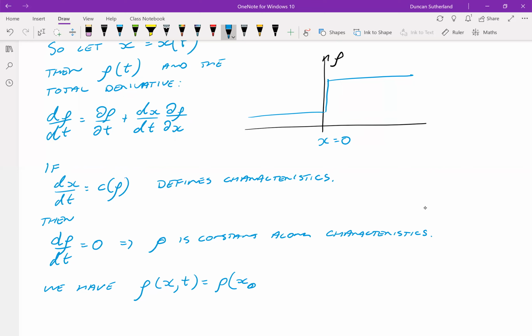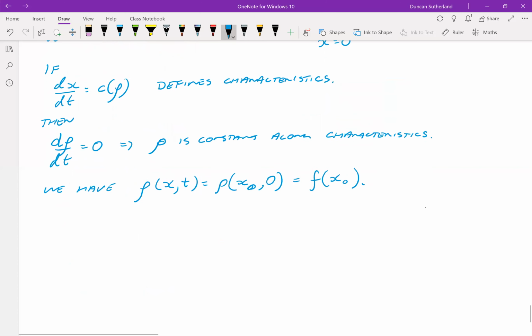Because it's now x of t at 0 equals f of x naught, right? So whatever our initial condition is, it's got to just evolve along our characteristic curve.